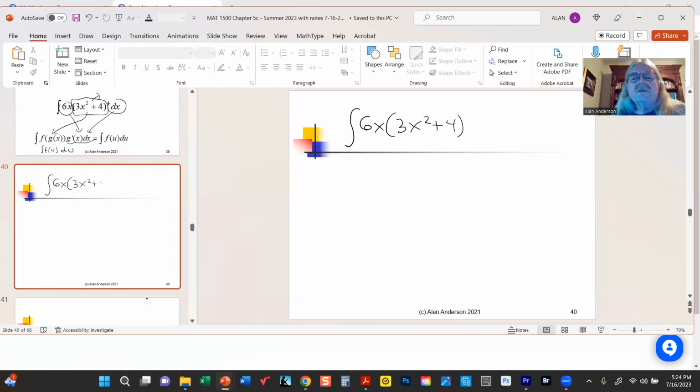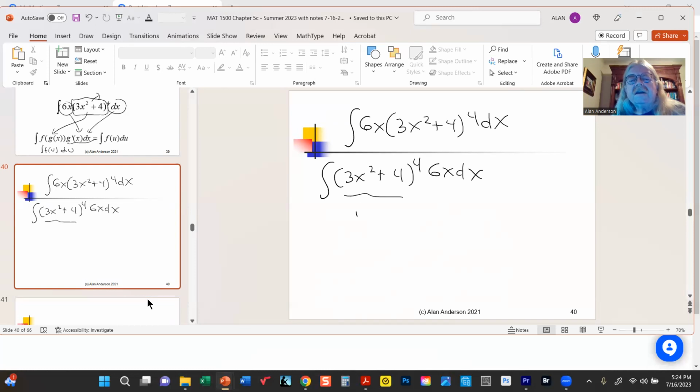So the first thing we're going to do is rearrange this ever so slightly to make it a little more manageable. In particular, what I'd like to do is take my compound function and get it to one side, and then over here I have everything else. In other words, this looks like a good candidate for our f of g of x, and this looks like a good candidate for g prime of x.